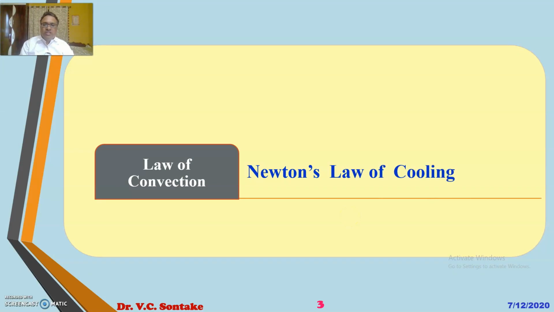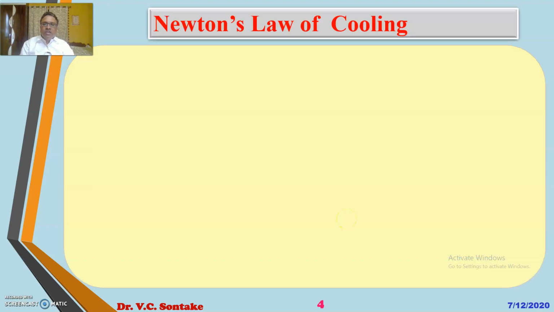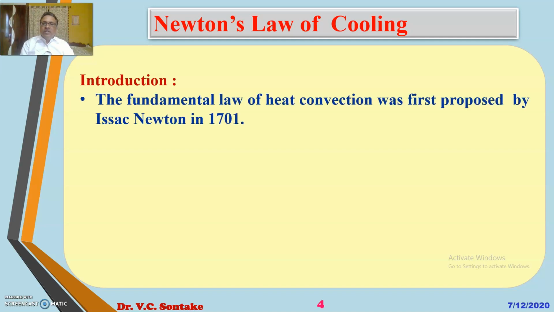So let us first define the law of convection. It is also called Newton's law of cooling. This fundamental law of heat convection was first proposed by Isaac Newton in 1701.